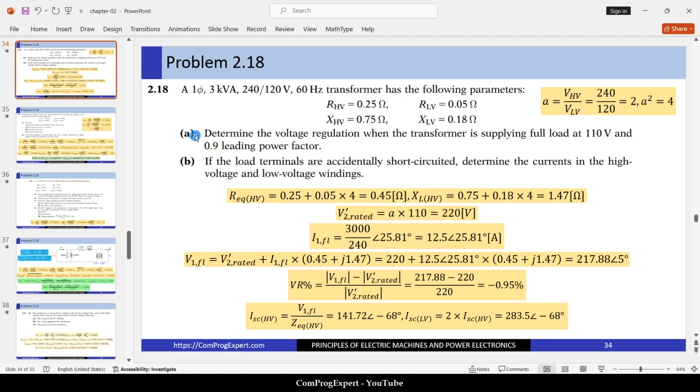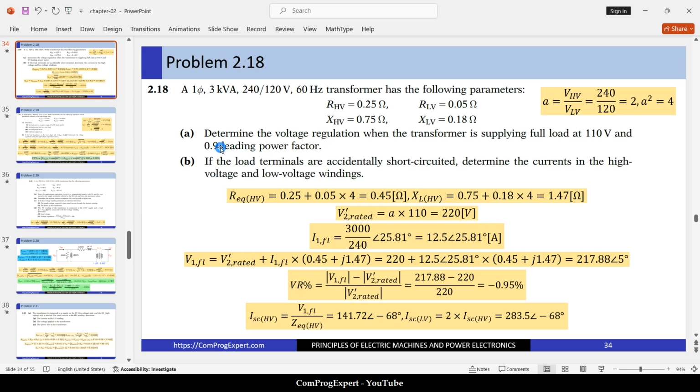Part A. Determine the voltage regulation when the transformer is supplying full load at 110 volts and 0.9 leading power factor. Yes, the value of the load voltage is given here. The value of the load current corresponds to the full load current, and we also know the power factor.